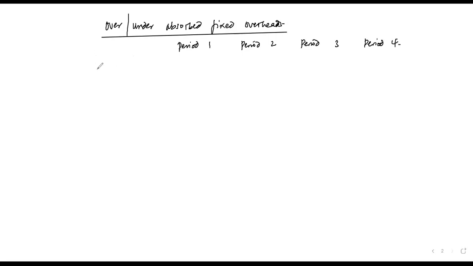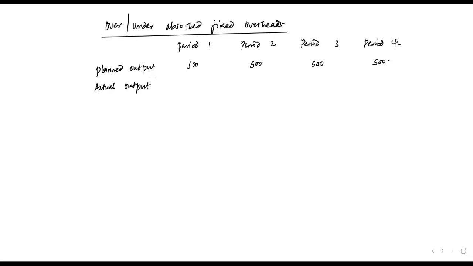We have the planned output, the normal activity per period, that was 500. Then we have the actual output.